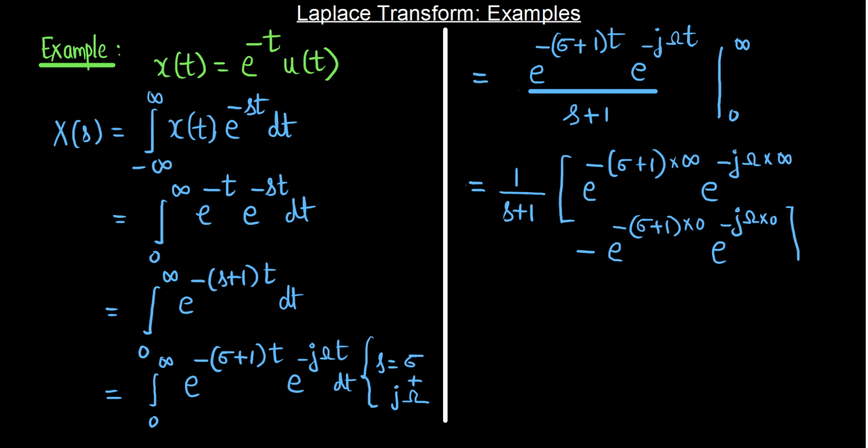I can see that this term here is going to be 1, this term is going to be 1. Yes, I missed a minus sign here, so this is going to be minus.